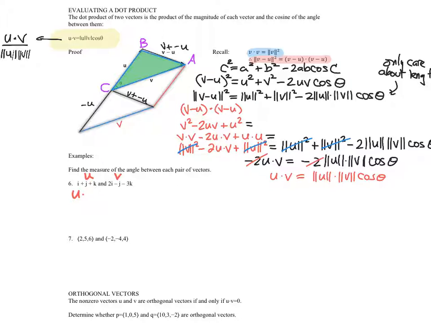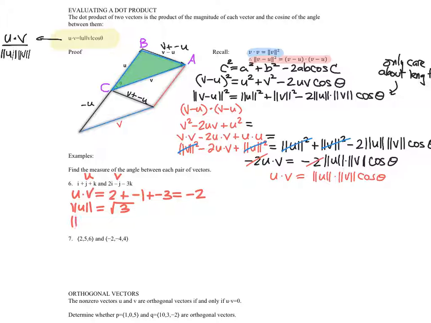So I need the dot product of u and v. So 2 plus -1 plus -3. All right, just multiplying corresponding coefficients and adding them together. So -2 as a result. I need the magnitude of u. That's going to be the square root of 1 squared plus 1 squared plus 1 squared, so square root of 3.